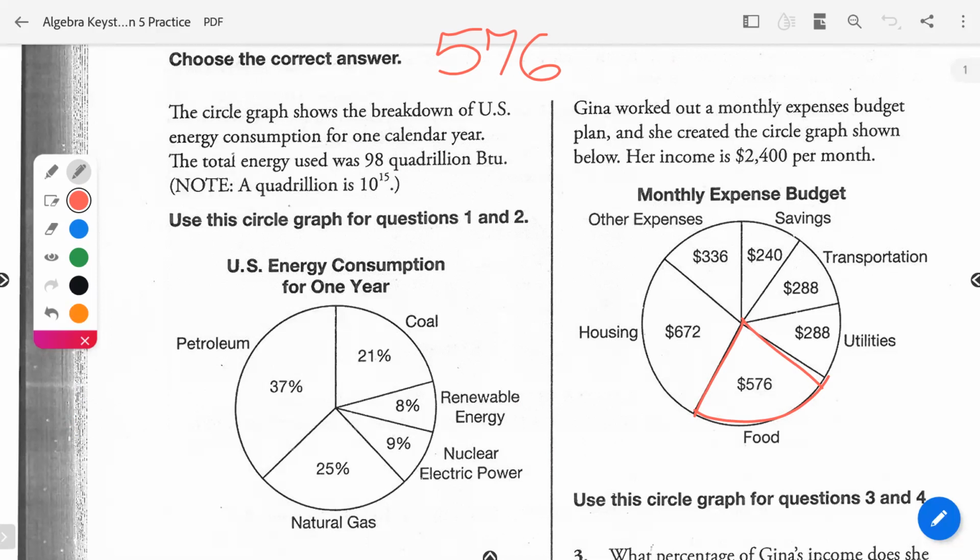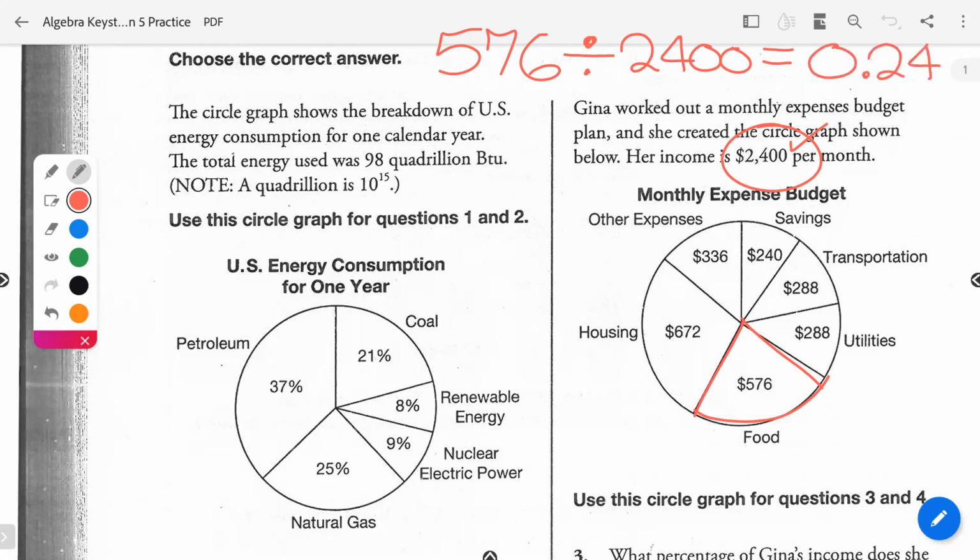You either have to add up every single number in each slice, or some of these questions are nice enough to give you the total right here, which comes out to be 2,400. All you do is take the food number divided by your grand total. When you do this, you get your decimal. So 576 divided by 2,400 comes out to be 0.24.